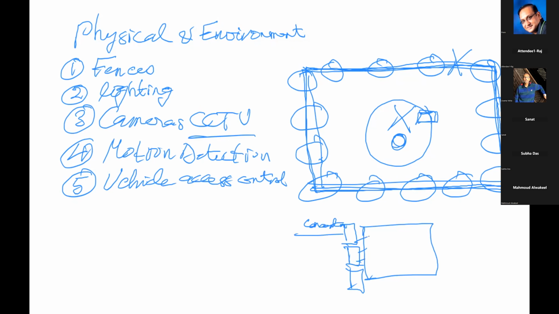What is the function of these barriers in front of the building? Do you have any idea? They are more like the bollards, right? You mean the bollards which are there in front of the building? Yes, yes. This protects the building against any car attack. If there is any car attack, this will protect the building.